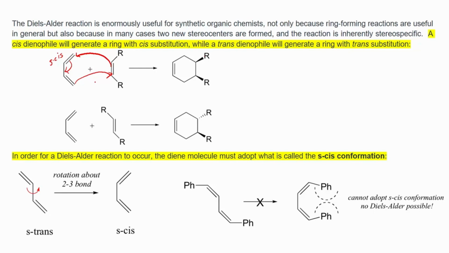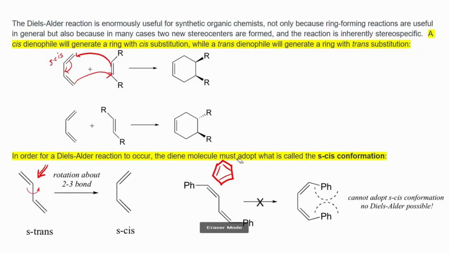Now, when you have this S-trans, remember the energy barrier is very small. So this rotation can happen at room temperature very easily. But it must be able to adopt that S-cis conformation. If you have 2 phenyl groups here, and we'll talk about that soon, but a phenyl group is a benzene ring that's ready to react with something.